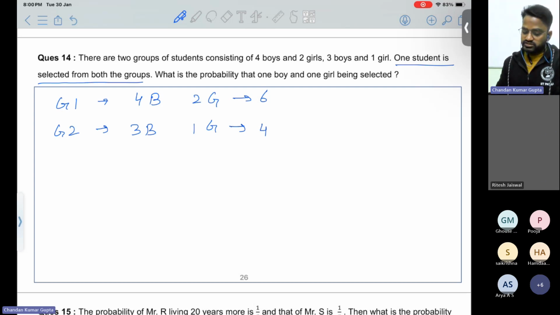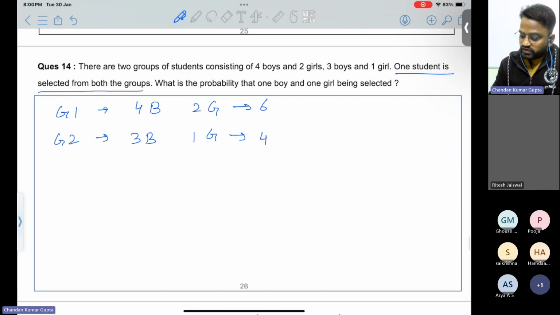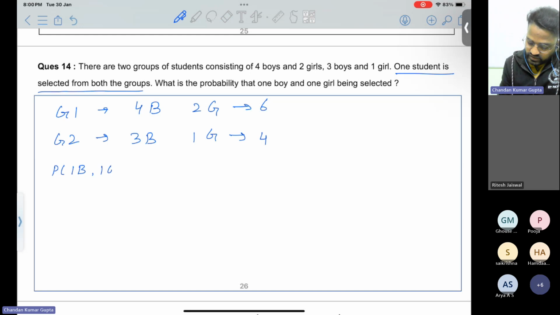Can anyone tell me what the cases or possibilities are, or how I can proceed in this case? It is clear, right? One student is selected from both the groups. What is the probability that 1 boy and 1 girl is selected? So suppose in the first case, we are talking about 1 boy and 1 girl being selected. So what is the probability of selecting a boy? Let me write the probability of 1 boy and 1 girl.